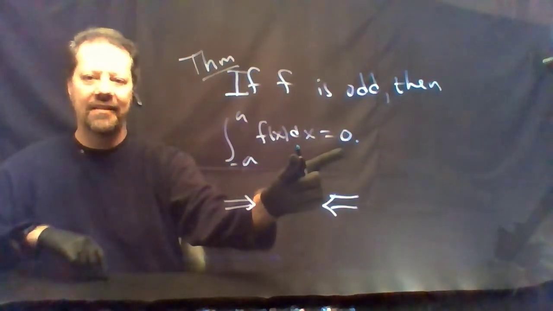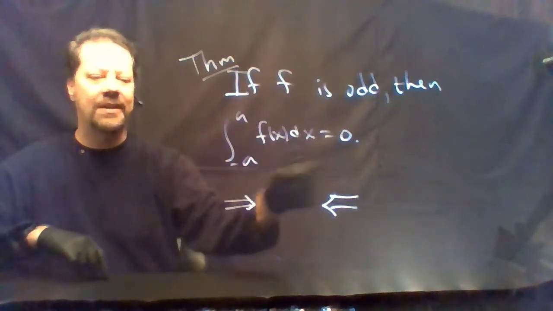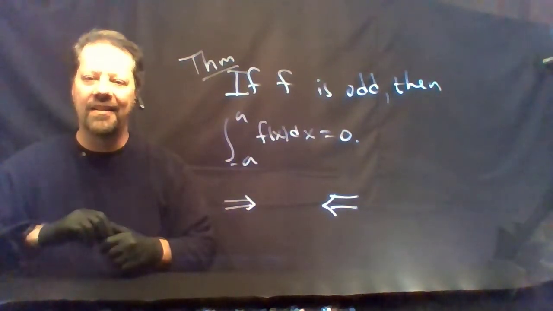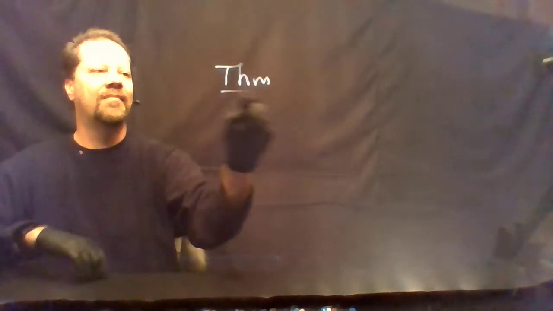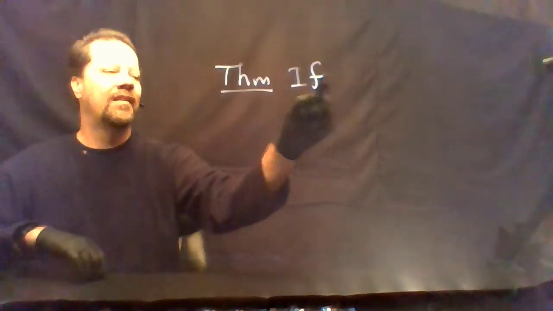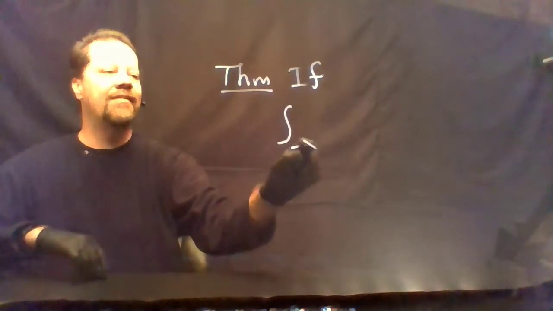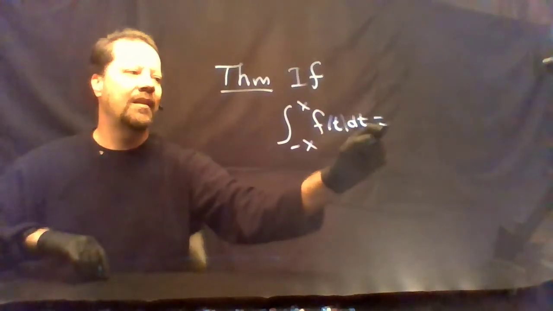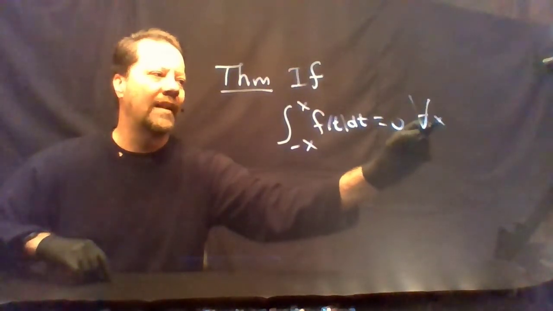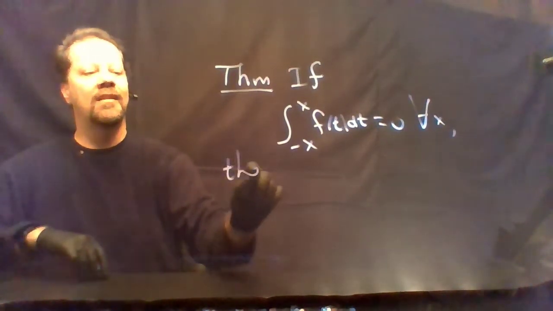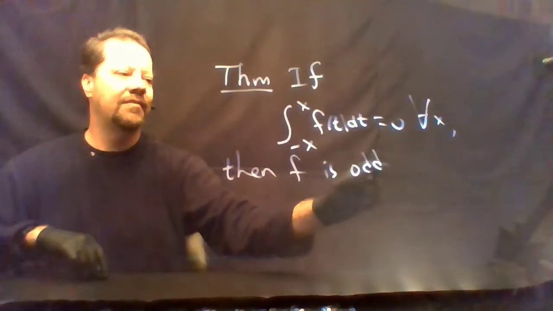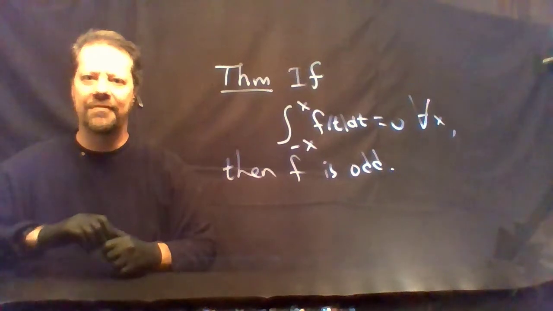If you get the integral from negative a to a to be 0 for all a, does that imply that f is odd? I'm going to state this as a theorem. If the integral from negative x to x of f of t dt is 0 for all x, then f is odd. Let's prove this.